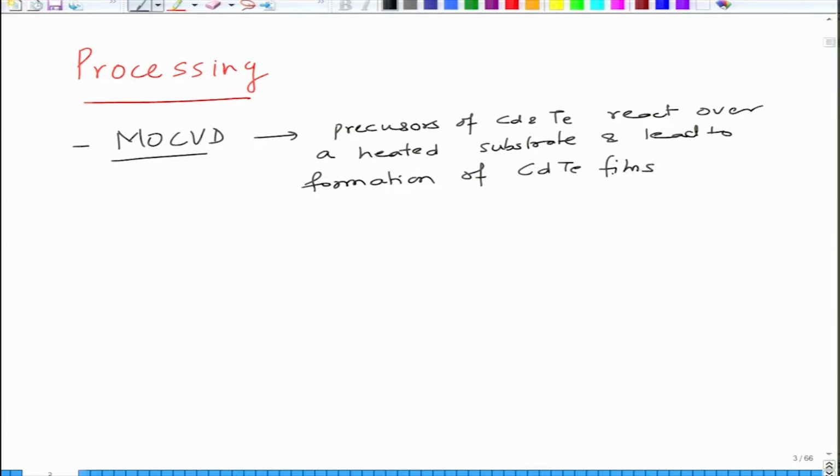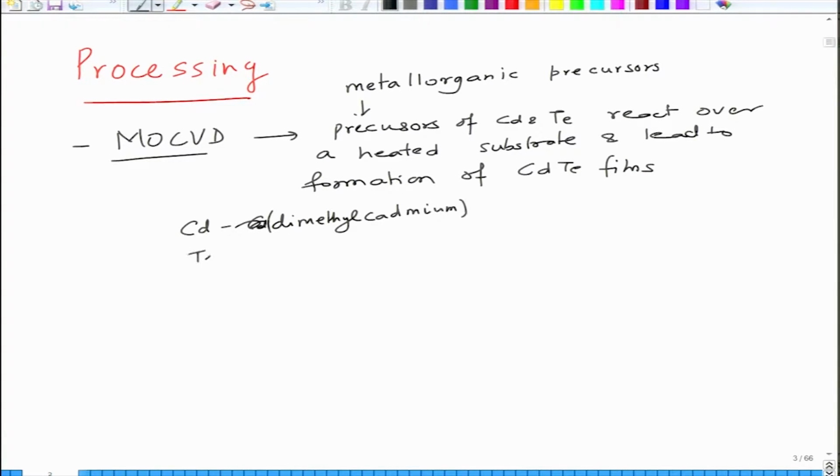These precursors are basically metallo-organic precursors: for cadmium we use dimethyl cadmium, and for tellurium we use diisopropyl tellurium.